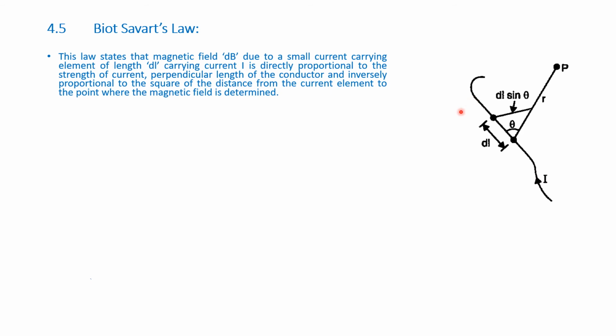This magnetic field is proportional to the current carrying element dl, and inversely proportional to the square of the distance. If r is the distance from the point where we are trying to find the magnetic field, then the magnetic field is inversely proportional to the square of the distance from the current element to the point where the magnetic field is determined.